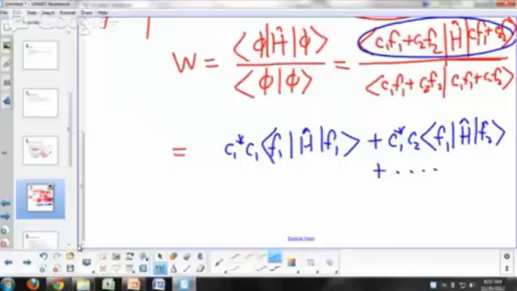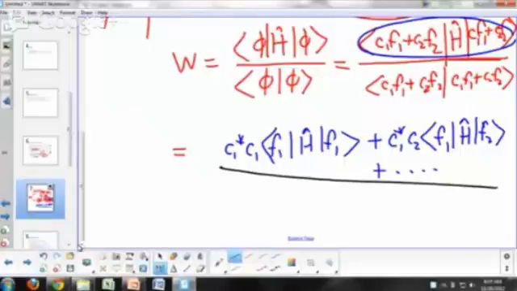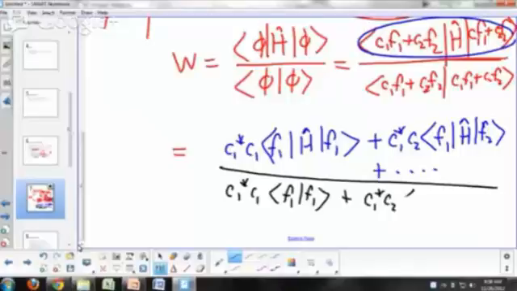How many terms are you going to get for your numerator? You're going to get 4 terms, right? And your denominator, you're also going to get 4 terms. You're going to have C1 star C1 F1 F1, plus C1 star C2 F1 F2, plus 2 more terms, right?